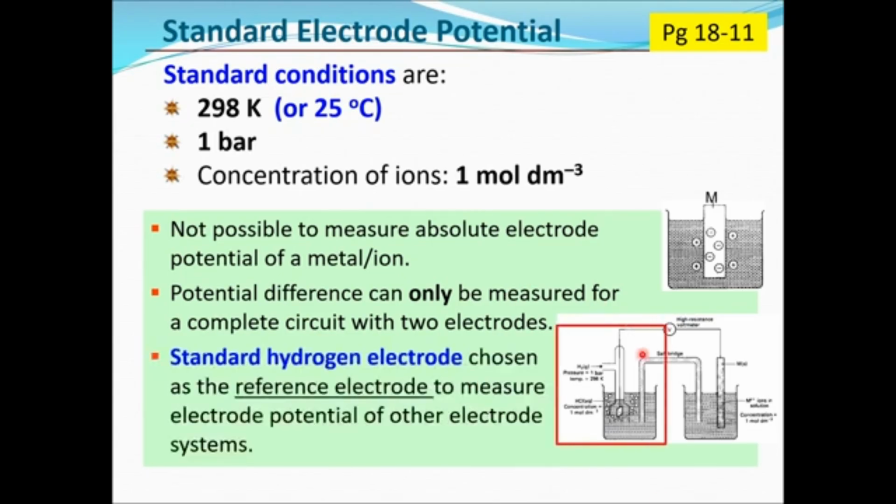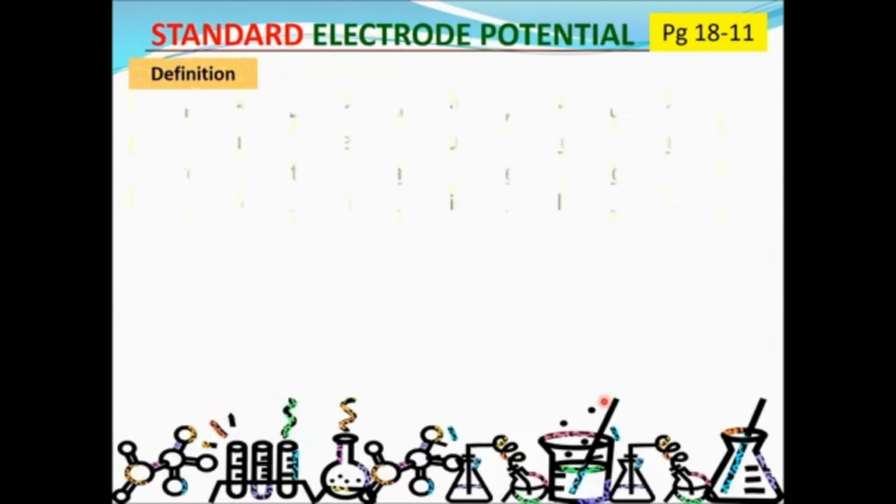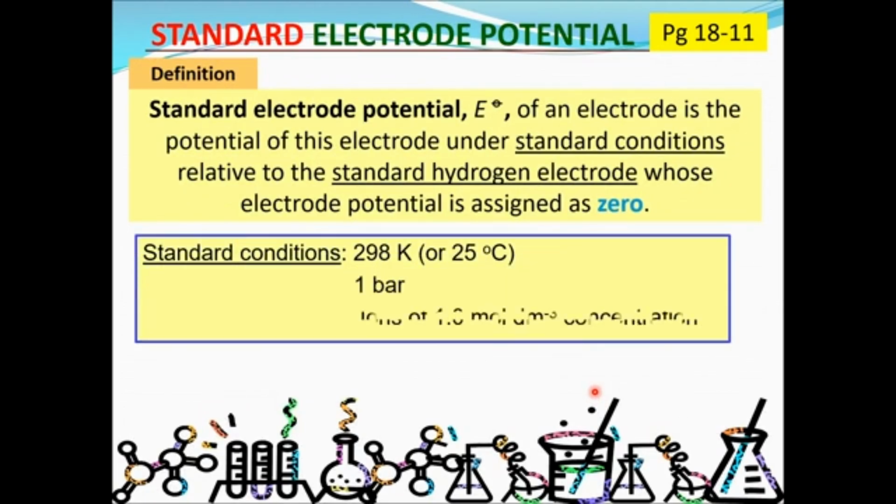And one of them is chosen as a reference, and this reference is given as 0 volt, which is the standard hydrogen electrode. At the same time, as mentioned in your notes, we do need a platinum electrode if the half cell system does not include a metal. But not to worry that much, we'll come to it a bit later on when we look at the different half cells. So let's define standard electrode potential.